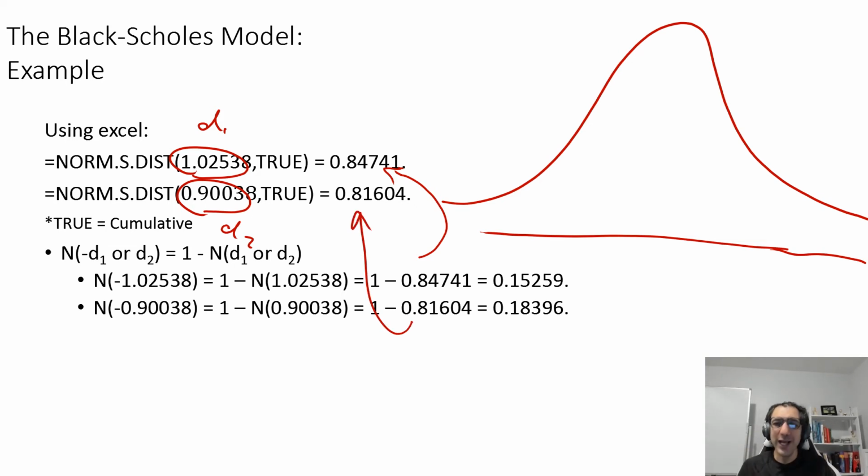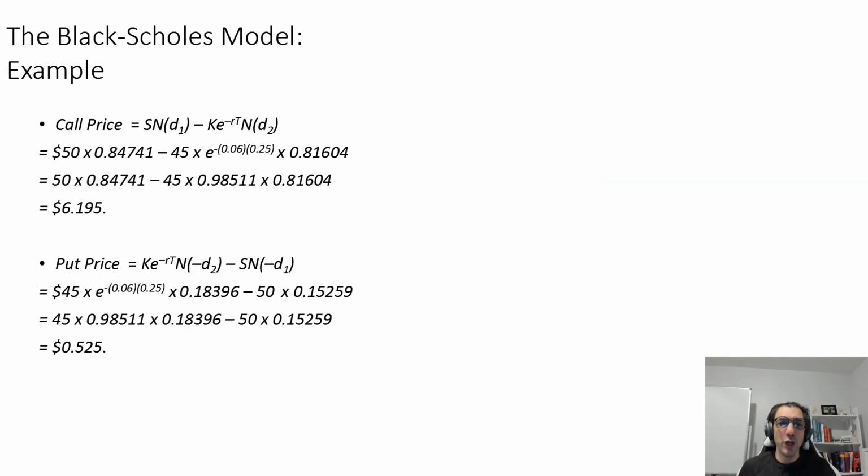Now we have all the requirements to calculate the option price. So we just found N(d1), N(d2), N(-d1), N(-d2). So we can find the call price and the put price just by plugging in the numbers. So in our case, as you see, the call price is $6.195, and the put price is 52.5 cents.